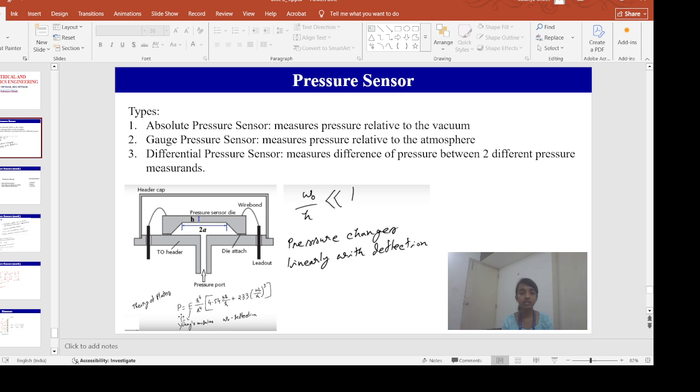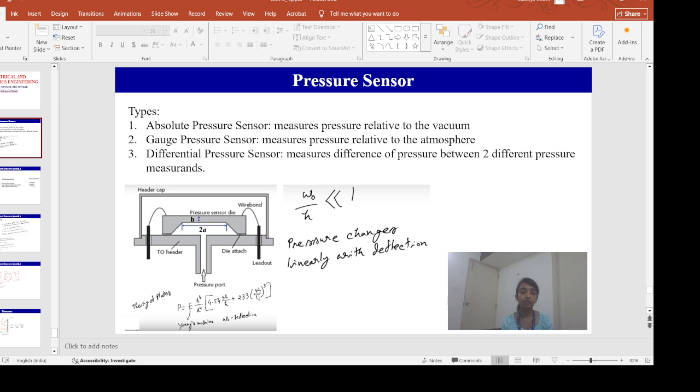P equals E multiplied by h to the power 4 by a to the power 4, into 4.54 into W0 by h, plus 2.33 into W0 by h whole cube. Now, W0 is the deflection of the plate.